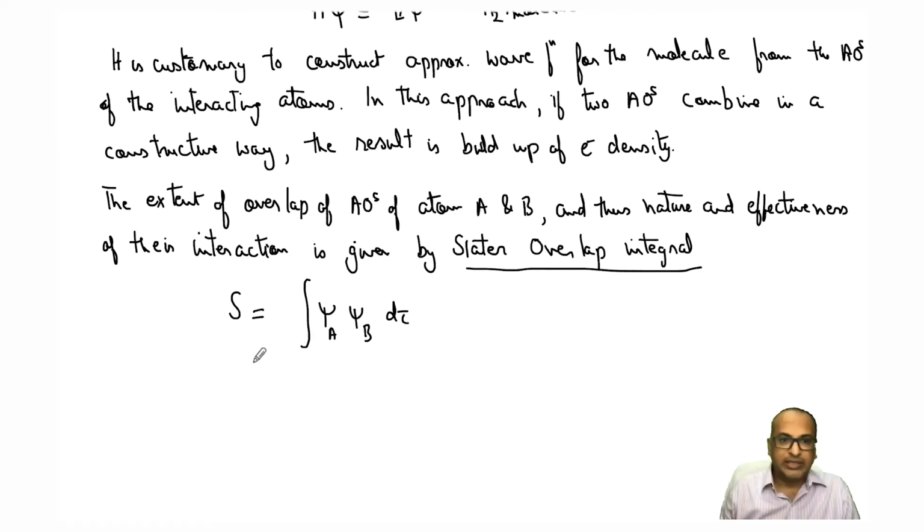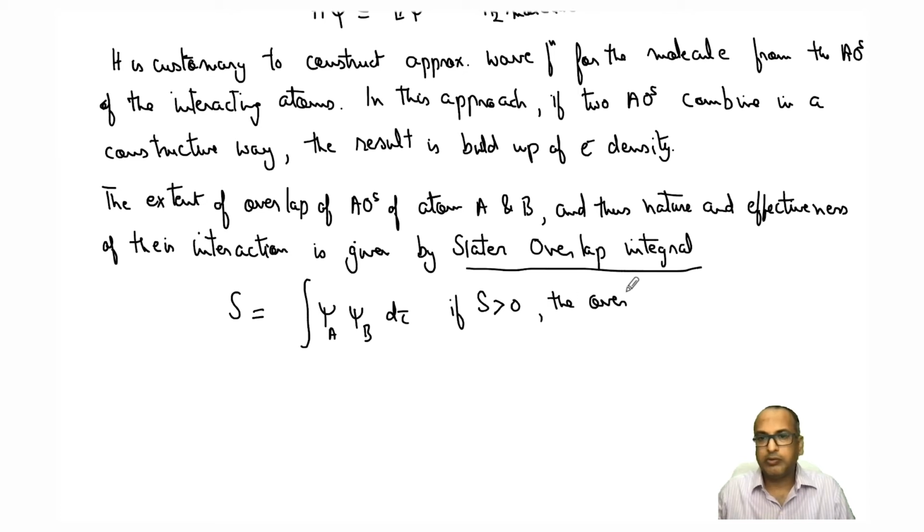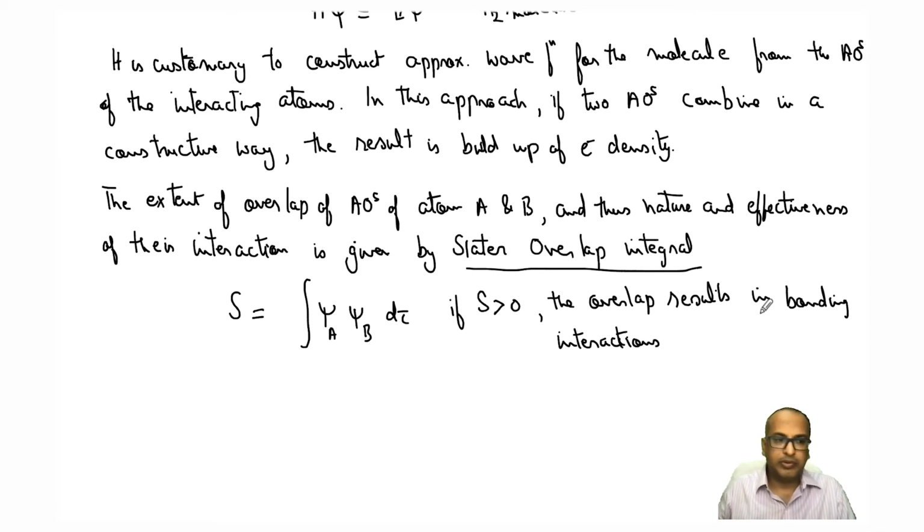Now we can say that if S is positive, the overlap results in bonding interactions, which is characterized by buildup of electron density. If S is negative, it is an anti-bonding interaction.